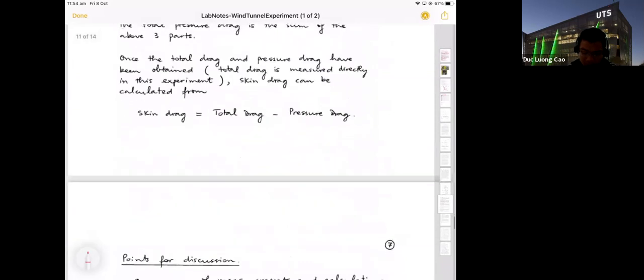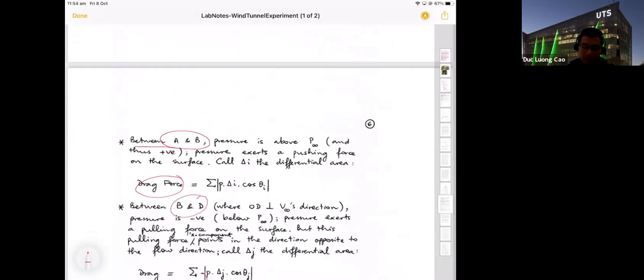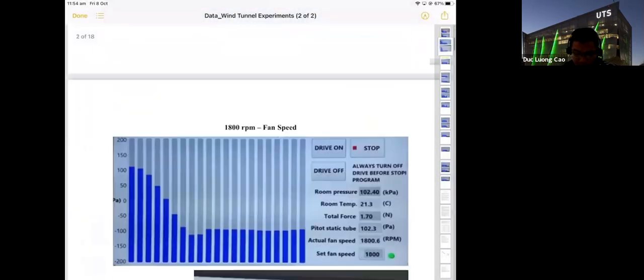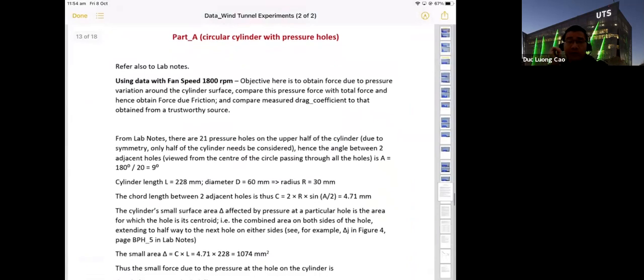You have all the main equations in this lab note, or you can base it on the sample calculation. Here I give you the sample calculation because airflow, or external flow, you only study on week 11.